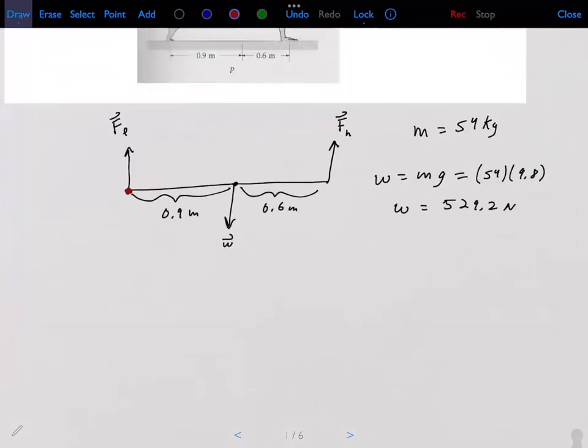Okay, here I'll draw this again. So now I'm going to think of it like this. Here is the person. This is the axis of rotation. We have the force acting on her feet. We have her weight. And we have the force acting on her hands.